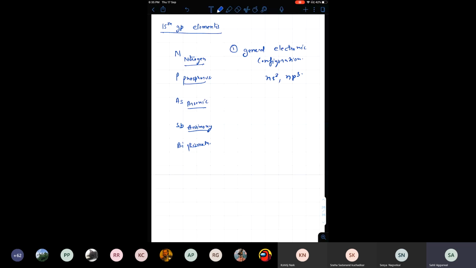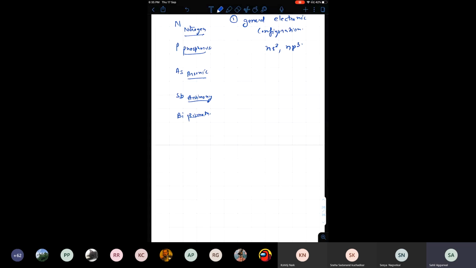Okay, we have talked about it. They are called pnictogens as they are suffocating elements. Now we will read about them.